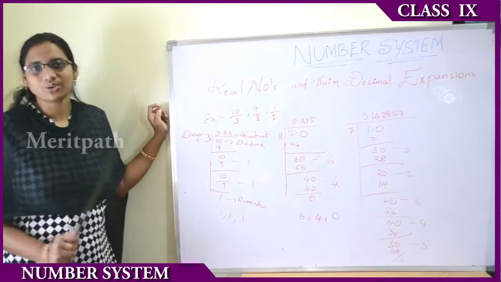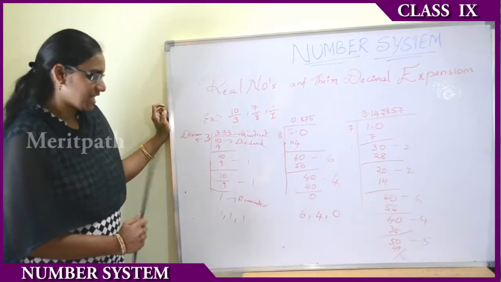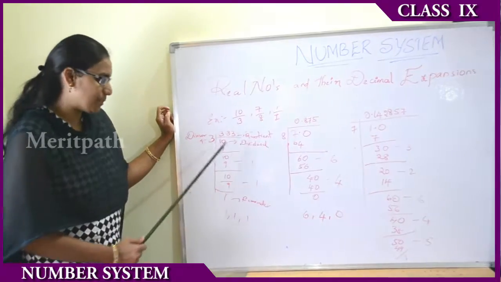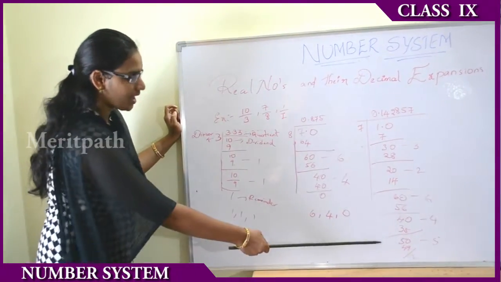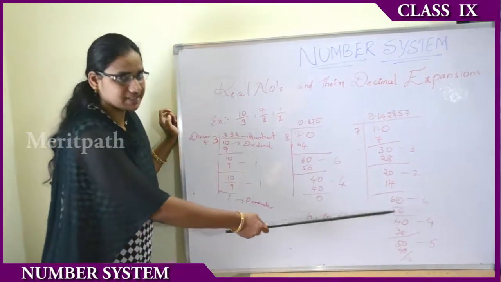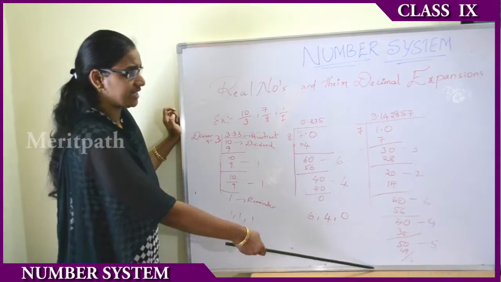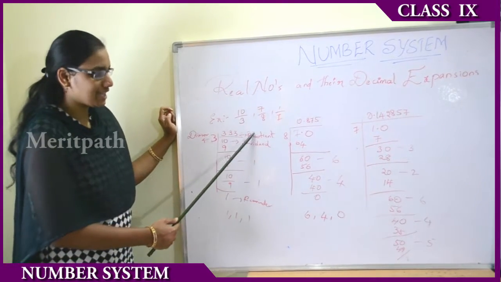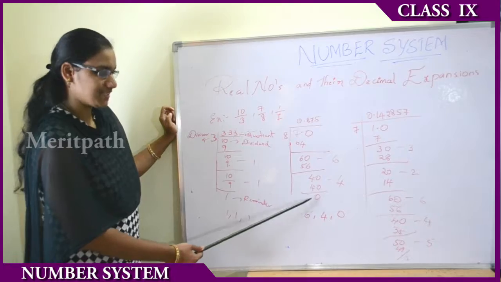Now we have seen two cases: case 1 where the remainder is 0 and case 2 where the remainder is not 0. For 1 by 7 and 10 by 3, the remainder is not at all 0. It is a repeated and continuous process, whereas for 7 by 8 we get the remainder 0.